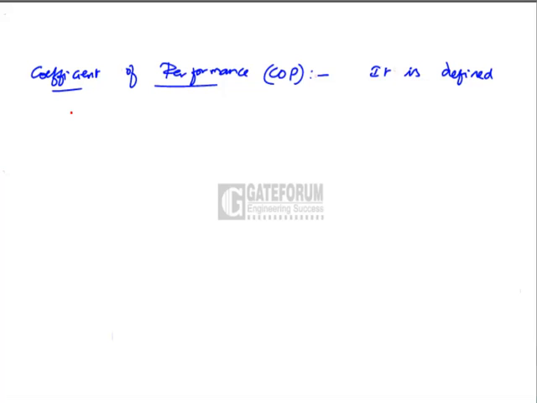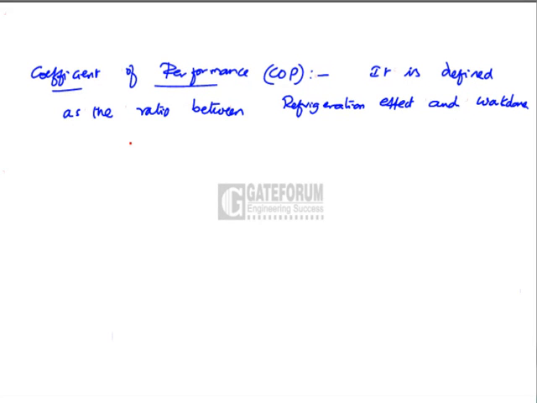Now let us define coefficient of performance, abbreviated as COP. It is defined as the ratio between refrigeration effect and work done.